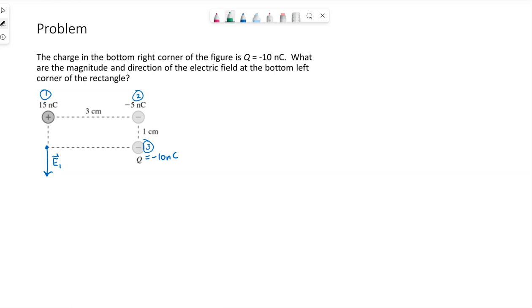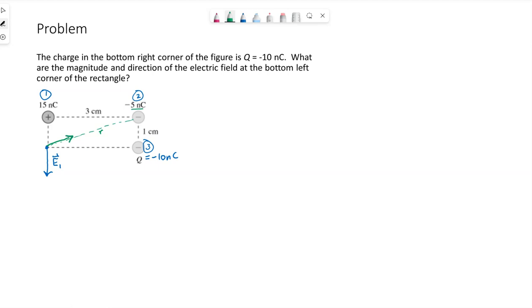Charge 2 over here, this negative 5 nanocoulomb charge, it's farther away. We will need to determine how far we're asking for the field from that charge at that point. Because this charge is negative, the electric field that it creates will point towards it.